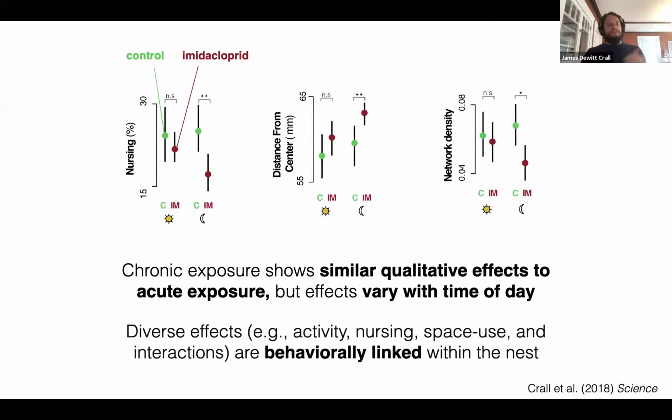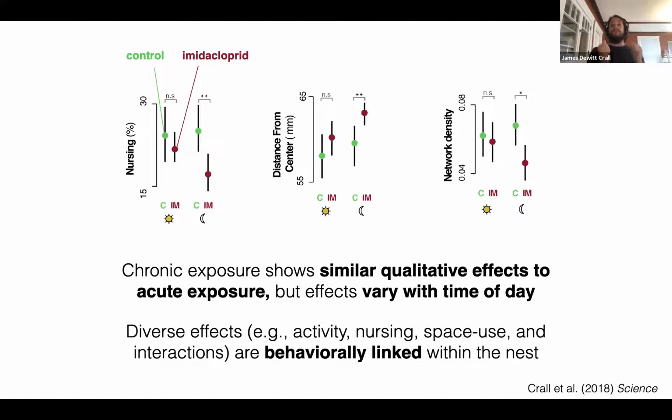And also, I didn't really present this, but we've also done some modeling to suggest that those multiple effects, so shifts in activity, shifts in nursing, spatial shifts, and social interactions, are probably functionally linked. So if you tweak one of those behavioral knobs, you're likely to get the other effects as well.